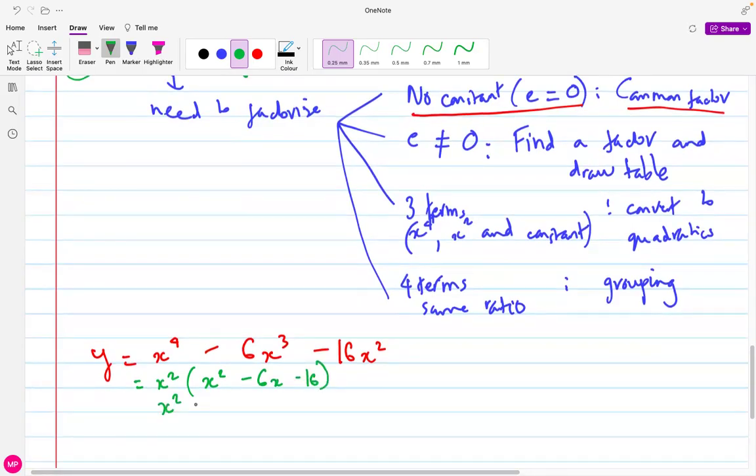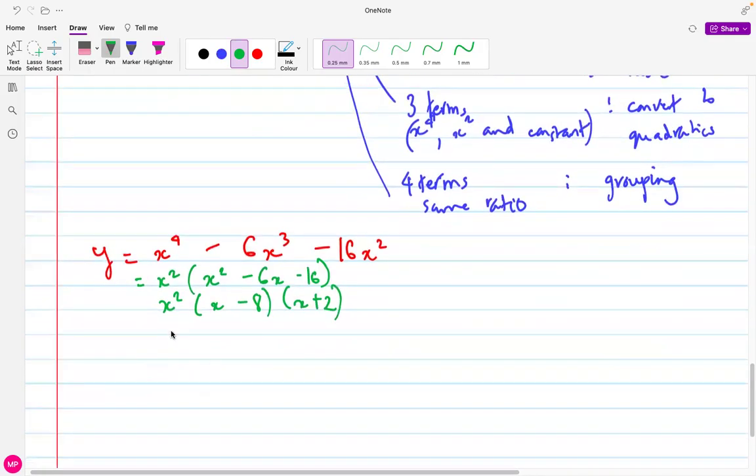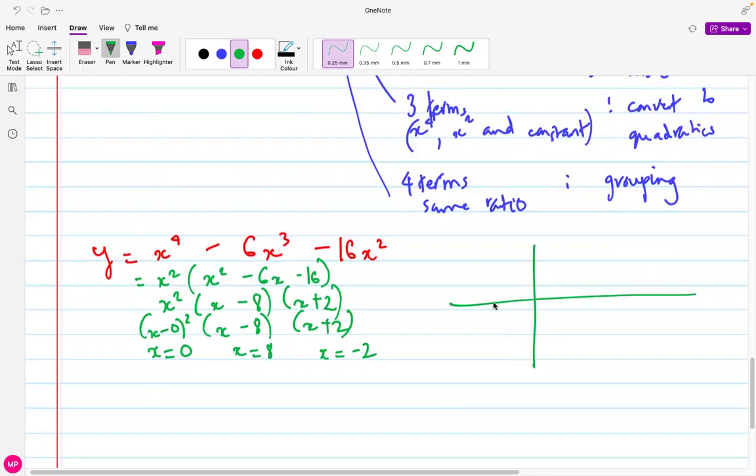Then I factorize this: x minus 8 and x plus 2, since together they multiply to negative 16 and add to negative 6, so negative 8 and positive 2. So you can see I factorized to three factors here, and the x squared means (x − 0) squared, so it's repeating the solution 0, right? So my x-intercepts will be x = 0, x = 8, and x = −2. So I would have −2, 0, and 8.